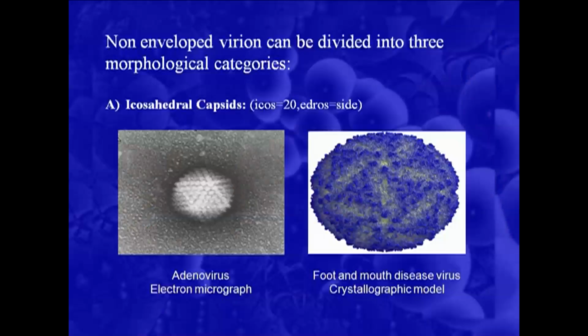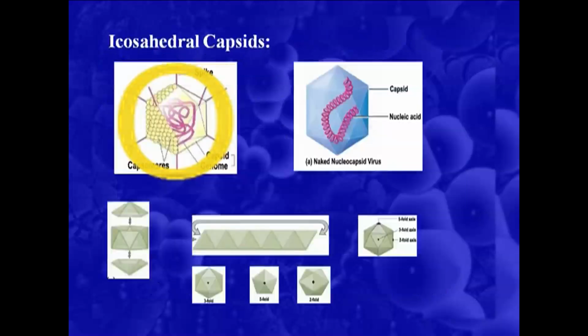So let's start with icosahedral capsids. Icosahedral comprises two words: icos means 20 and edros means side. It means that the icosahedral capsid comprises 20 sides, wherein 20 equilateral triangles are arranged to form a structure called icosahedron.